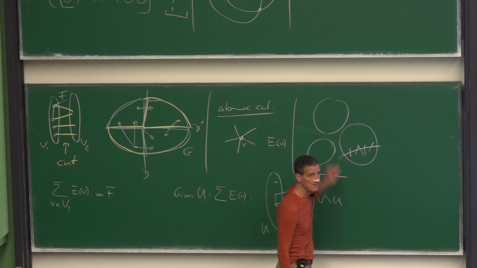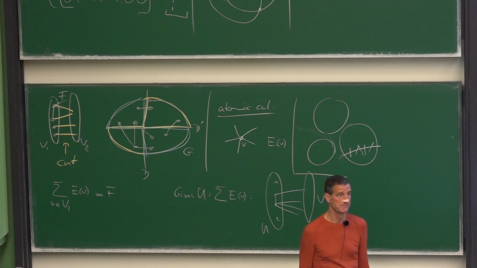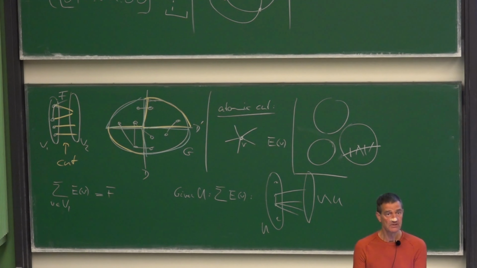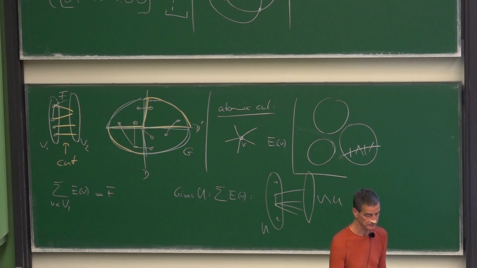You just put all the other components on one side and you're done. So the minimal cuts of a component are going to be non-empty, and they're going to be bonds of G. And every bond of G arises in this way.